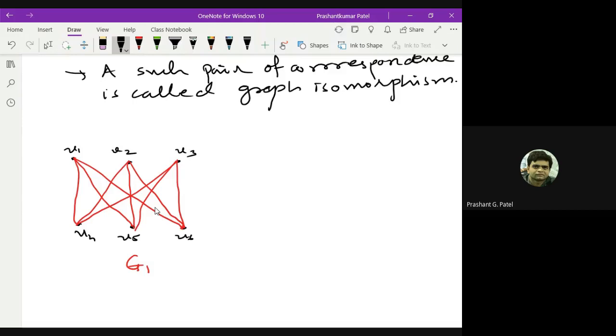Graph G2 I am plotting with vertices V1, V2, V3, V4, V5 and V6, and it can be plotted in this manner.